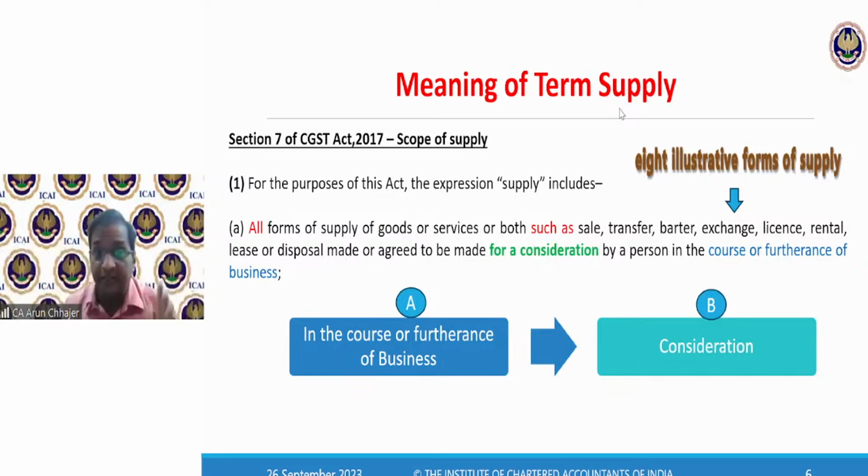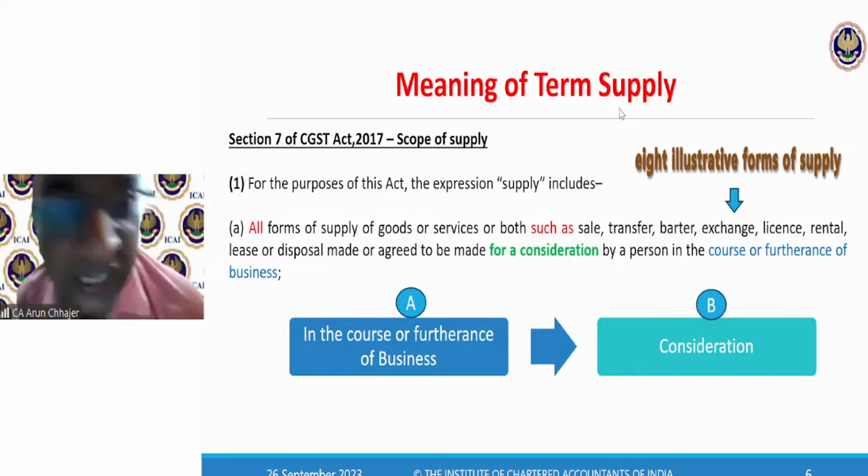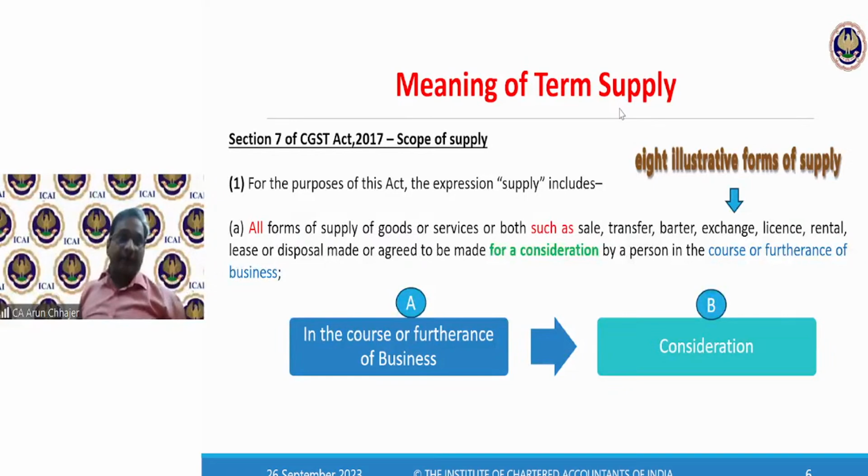We all know that the taxable event of GST is supply. And the supply definition starts with the word includes. It means it is very wide in scope. It is not narrow. It is not exhaustive. It is wider in meaning.